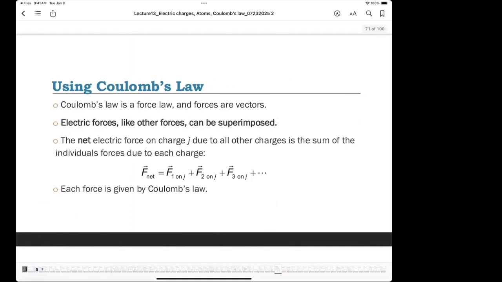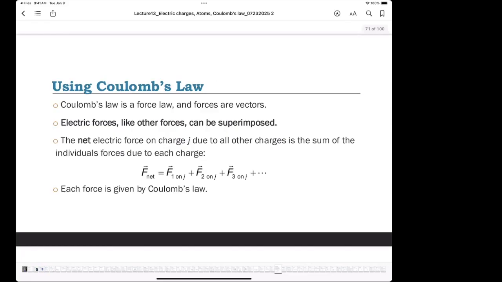Electric forces, like other forces, can be superimposed. The net electric force on a charge due to all other charges is the sum of the individual forces due to each charge.